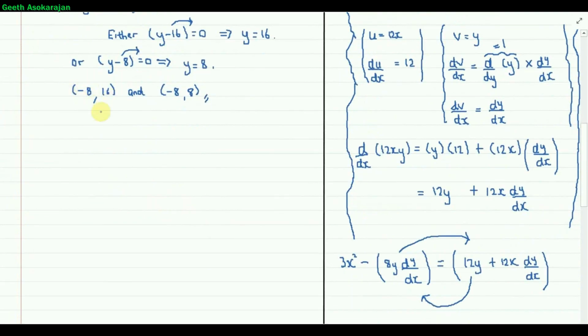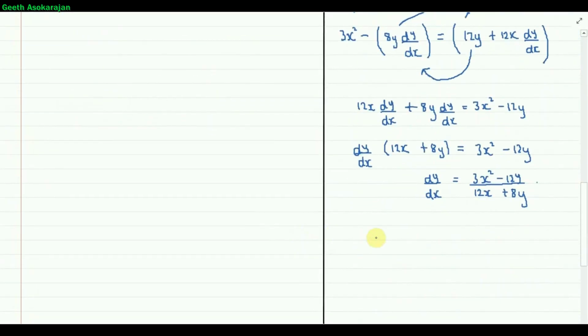So let's work out the gradient at this point, minus 8, 16 first. So let me continue here. At minus 8, 16, let's replace the data in dy over dx.